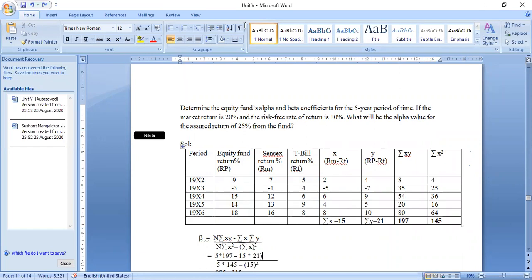But here they are asking, if the market return, so they have given a second sub question, you can say. This can be named as sub question A, and this is the second part of the question.